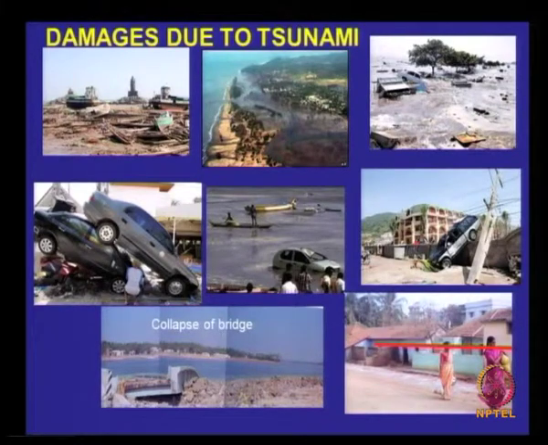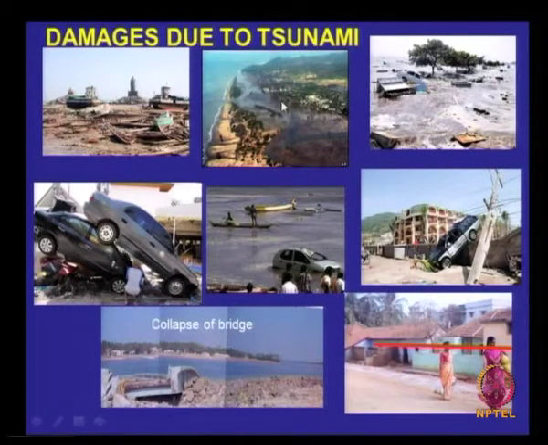So, damages due to the tsunami: this picture shows almost all the glimpses of the damages caused along the Chennai coast. You see the vehicles lifted and floating, and here is the coastal flooding.